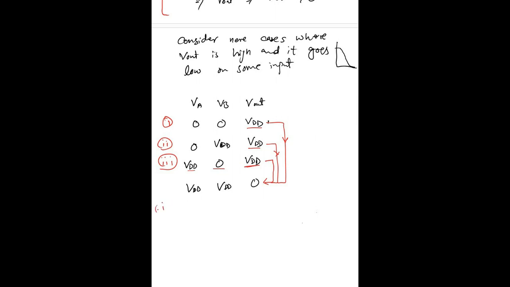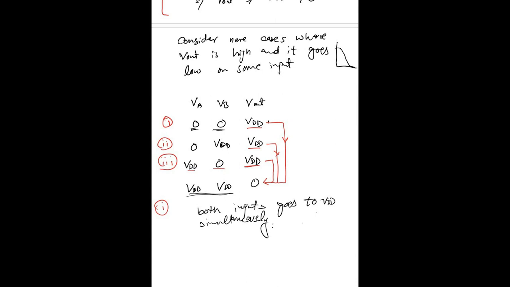The first case happens when both inputs go to VDD simultaneously. We have initial values VA equal to 0 and VB equal to 0, and both values VA and VB change to VDD. So in case 1, both inputs go to VDD simultaneously.